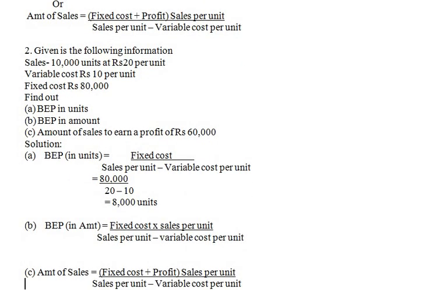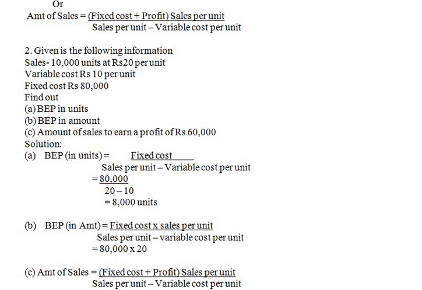Okay, now BEP in sales. So fixed cost into sales per unit divided by sales per unit minus variable cost per unit. So that is equal to, now fixed cost is 80,000 into sales per unit.